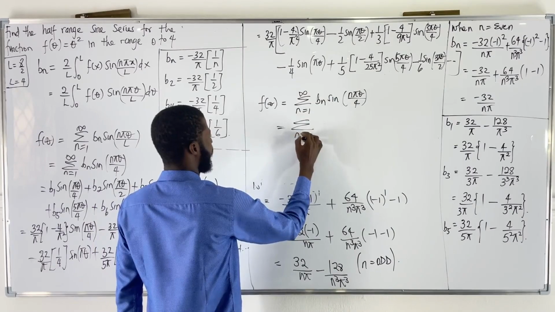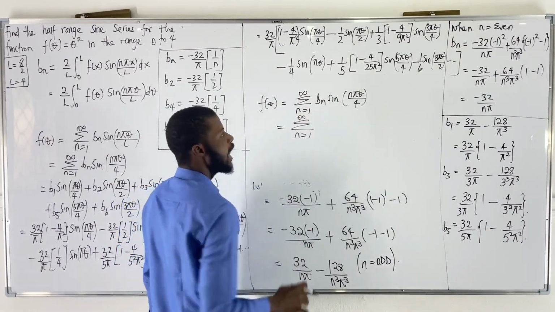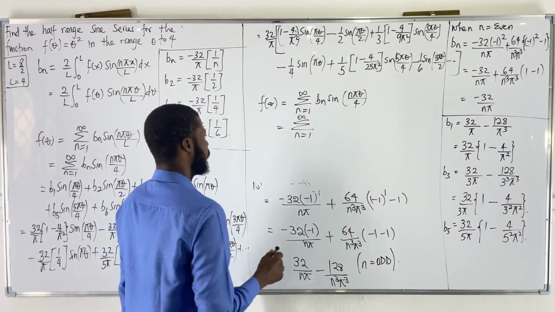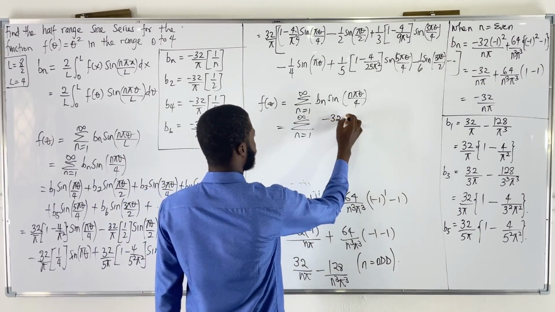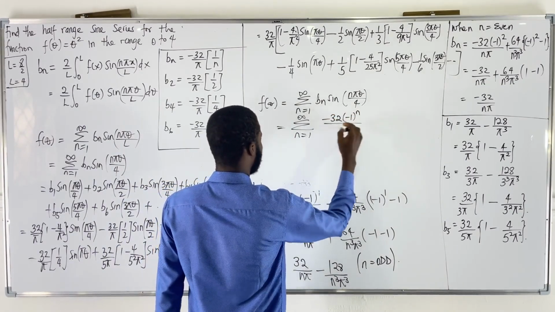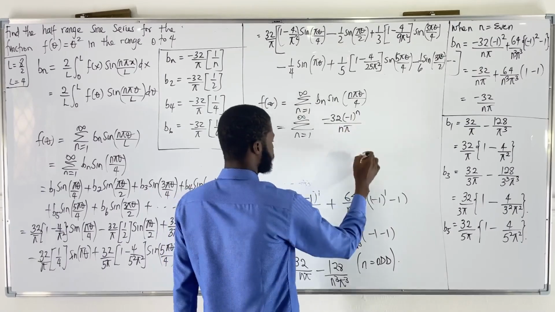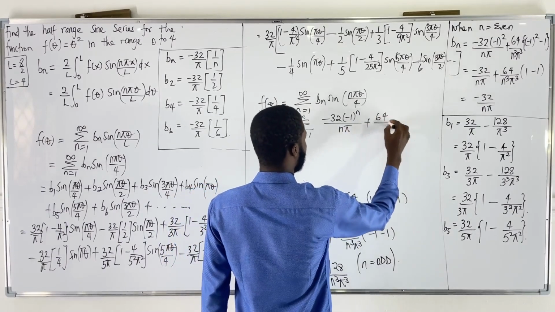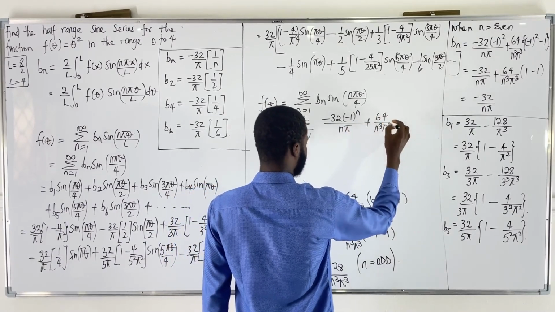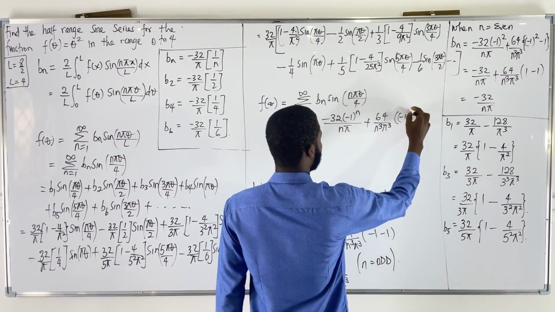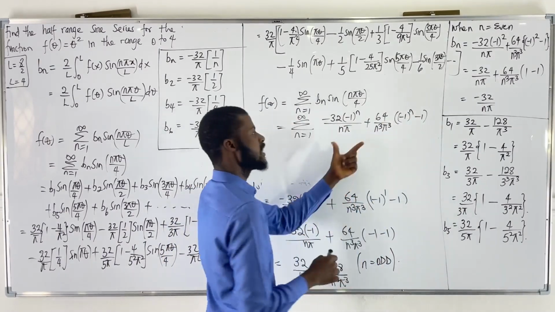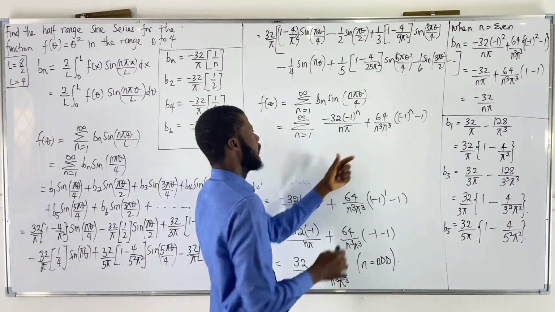So this is the sum from n equal to 1 to infinity. Now our b sub n had a simplified value of minus 32 into minus 1 to the power of n over n pi plus 64 over n cubed pi cubed into minus 1 to the power of n minus 1. This is your b sub n.